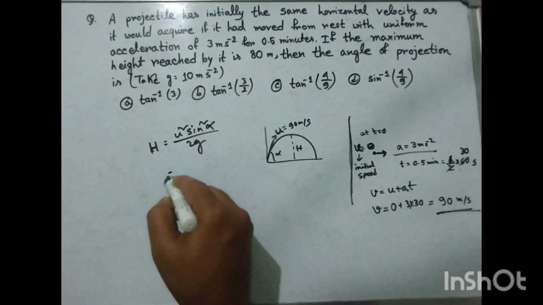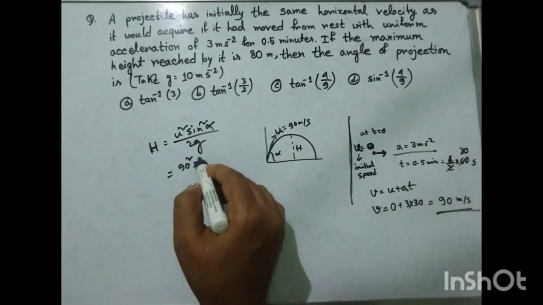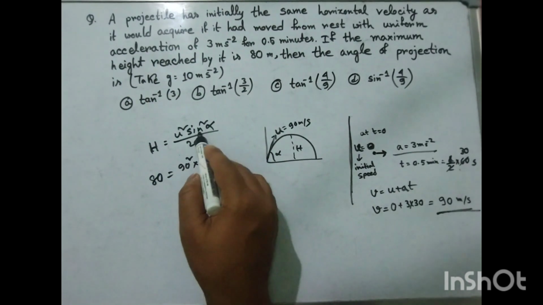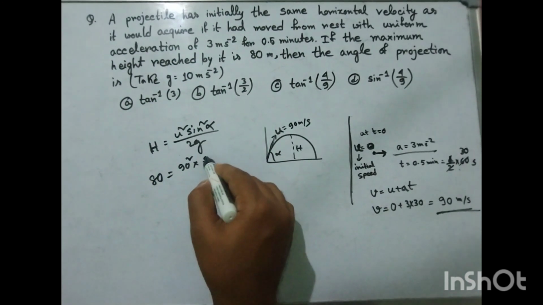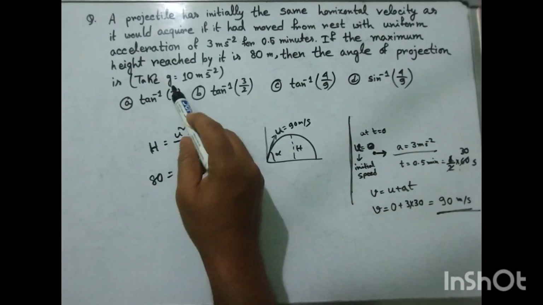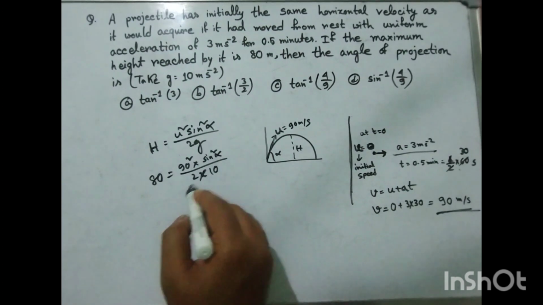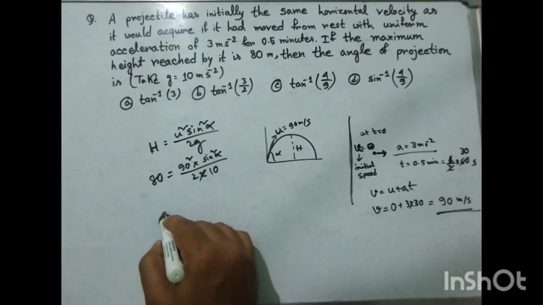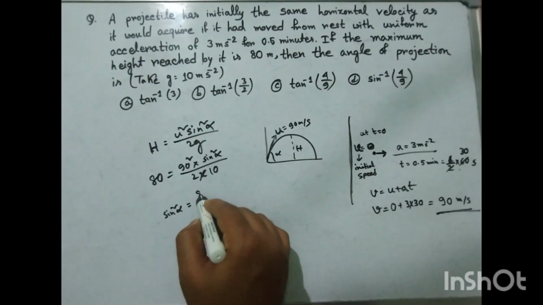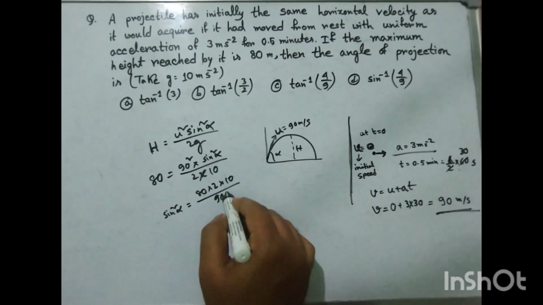So here u is 90, so 90 square, and h is given as 80 meter. Alpha we don't know, so it is unknown, and g is 10 given here. So from this we have to find sin square alpha. Sin square alpha is 80 into 2 into 10 by 90 into 90.